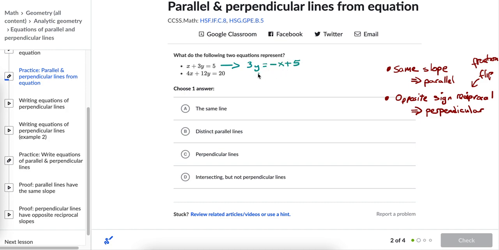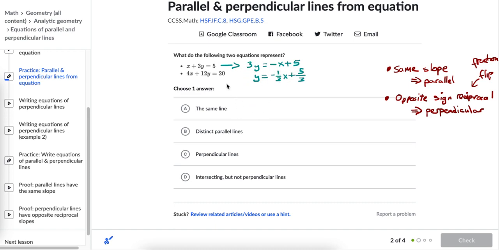Dividing by 3 gives us y equals negative 1/3 x plus 5 over 3. We're not changing any signs here; this is a positive 3.